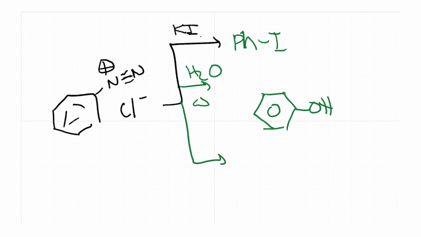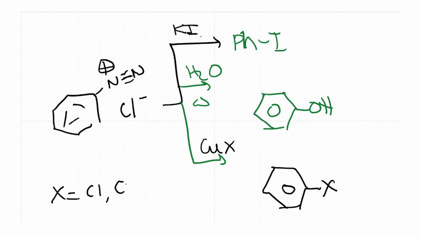You could react them with copper nucleophiles, and you get the corresponding X-substituted benzene rings, where X can be chloro, cyano, bromo, and so on. Therefore, the diazonium salt becomes a very important intermediate in synthesis, and a variety of products can be formed using it as an intermediate.